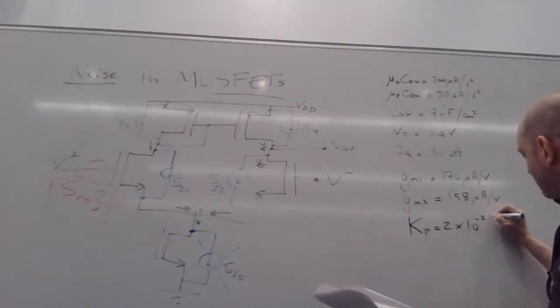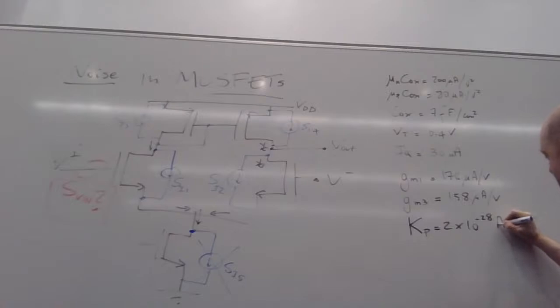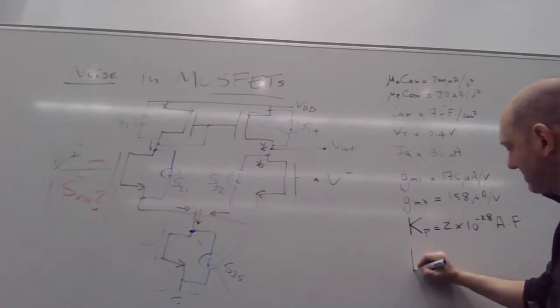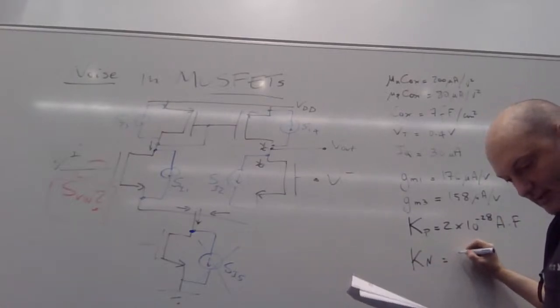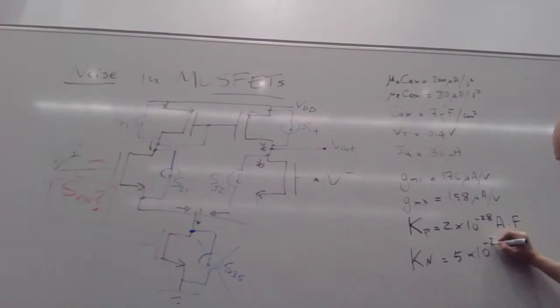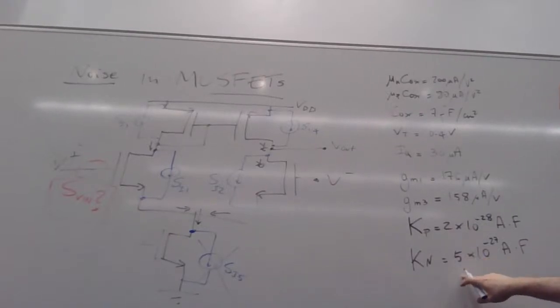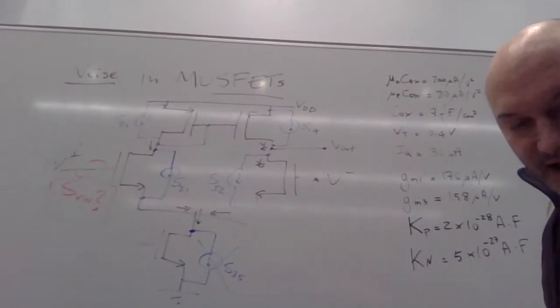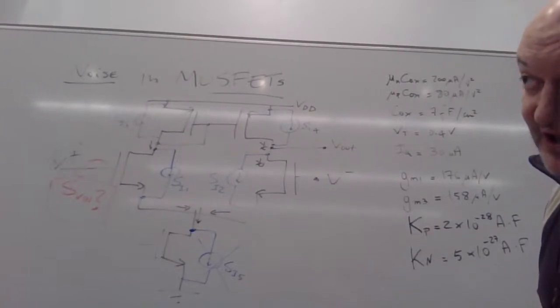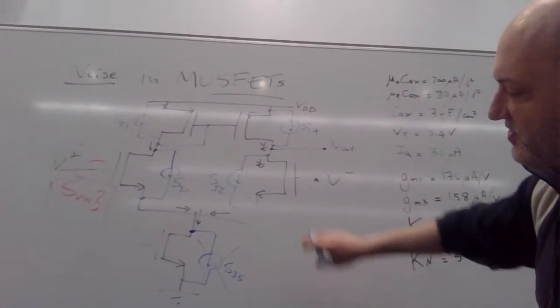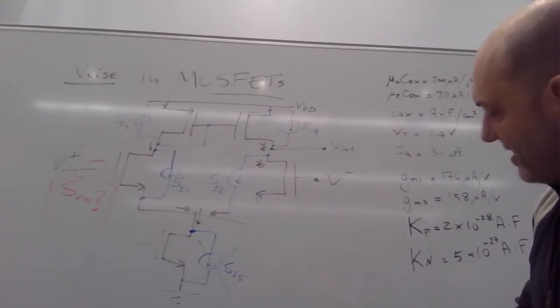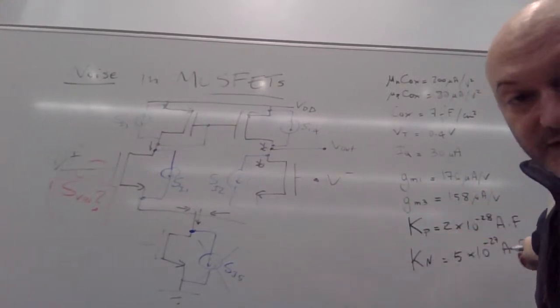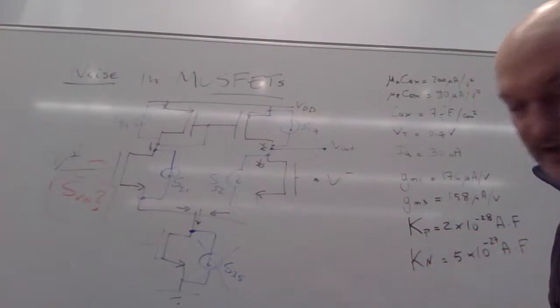So we have Kp of 10 to the minus 28 amps farad, and Kn is 5 times 10 to the minus 27 amps farad. The reason why this happens is still not fully understood, but in fact, if you remember, in the operational amplifier we use p-type MOSFETs for the differential pair. This does have some benefit in terms of flicker noise because the coefficient here is lower.